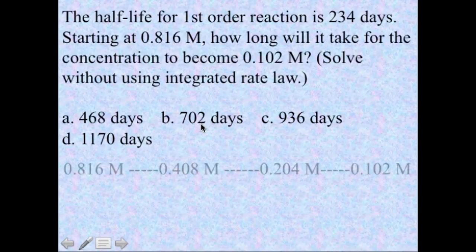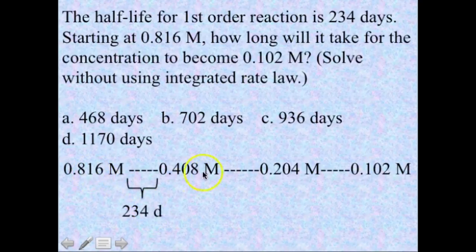All right, here we go. First, write down the starting point, 0.816, then take half of it, you get 0.408, and take half of that, and you get 0.204, and take half of that, and you get 0.102. So for the first half-life period, that's going to be 234 days.